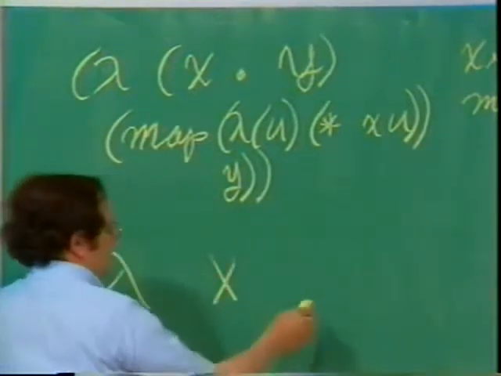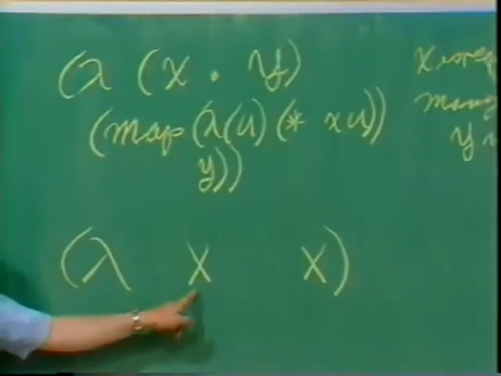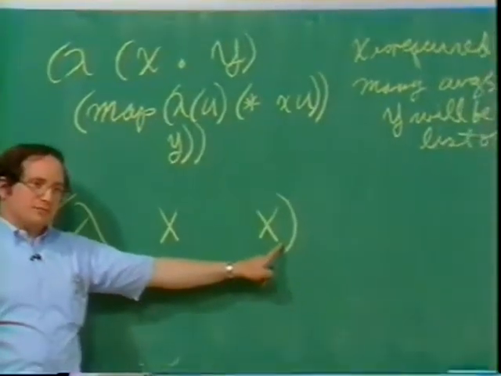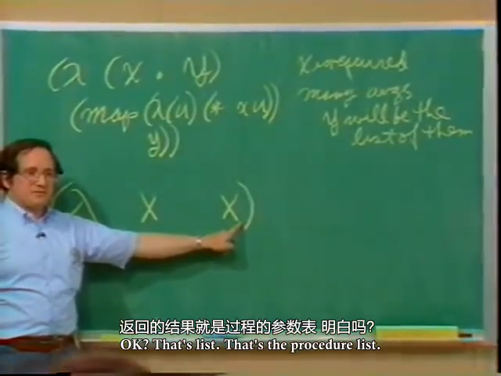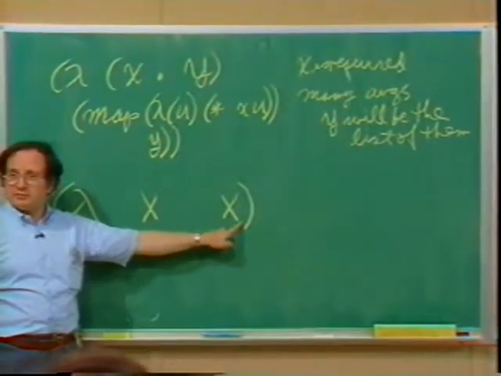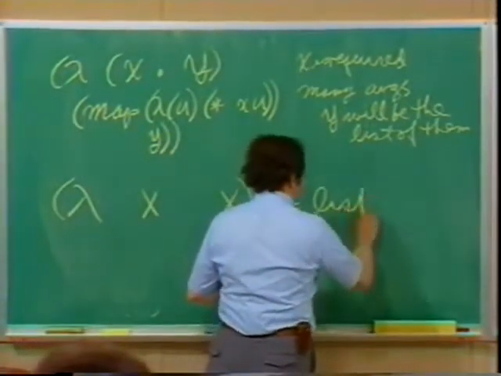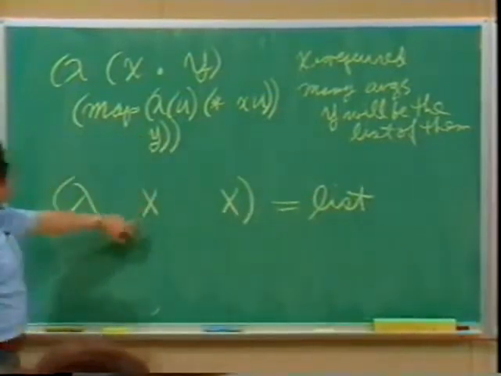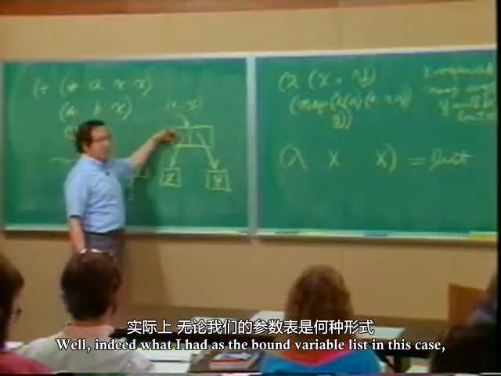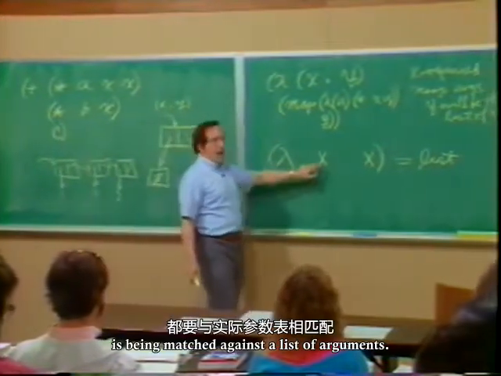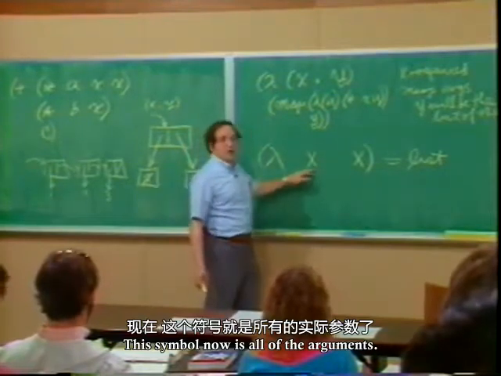For example, the procedure which takes all the arguments x and returns the list of them, that's the procedure list. How does this work? Well, indeed, what I had as the bound variable list in this case, whatever it is being matched against the list of arguments, this symbol now is all of the arguments.